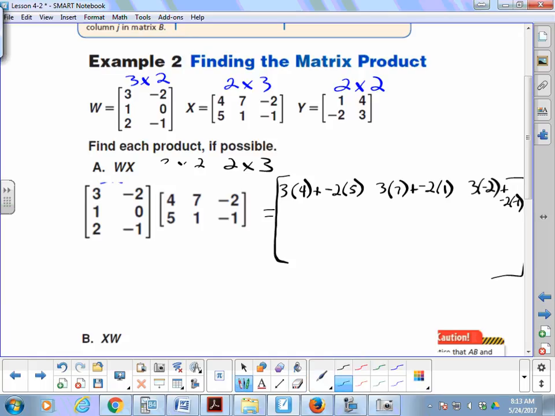So when we multiply row 2 times each column, we multiply 1 times 4, 0 times 5. Then we multiply 1 times 7, 0 times 1.